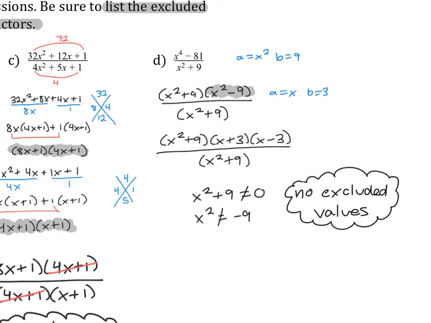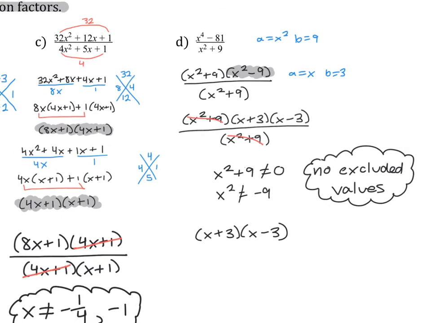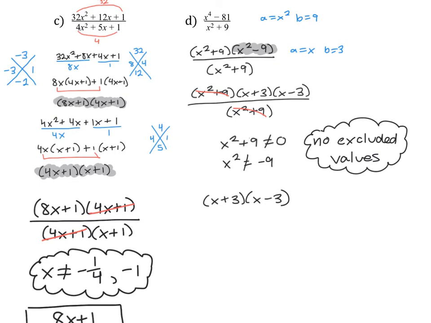Okay, so now that we've made a note of that, now we can look for common factors, which we can see right here. We have common factors of x squared plus 9. So all we have left is x plus 3 times x minus 3. So that's the factored form. And usually if we don't have any, usually for our numerator at least, we will multiply it out for our final answer.